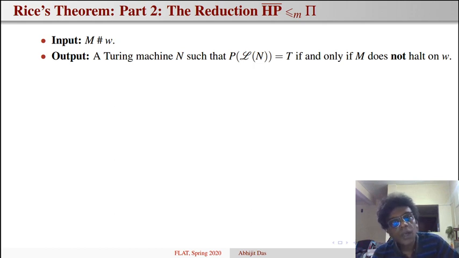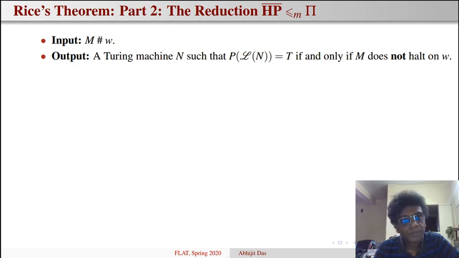So I will just specify the behavior of N, and again you convince yourself that a total Turing machine can convert the description of M hash W along with these constant inputs M1, M2. A total Turing machine with this knowledge M, W, M1 and M2 can produce a machine N which behaves as follows.